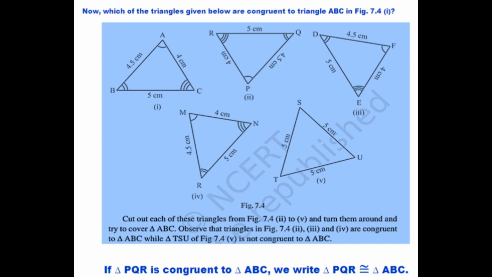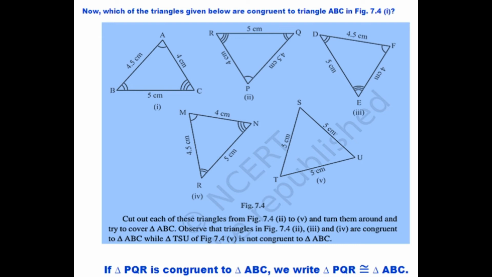Its sides are not all matching, so it will not match. Therefore, 2, 3, 4 are congruent to triangle ABC, while triangle TSU is not congruent to triangle ABC.